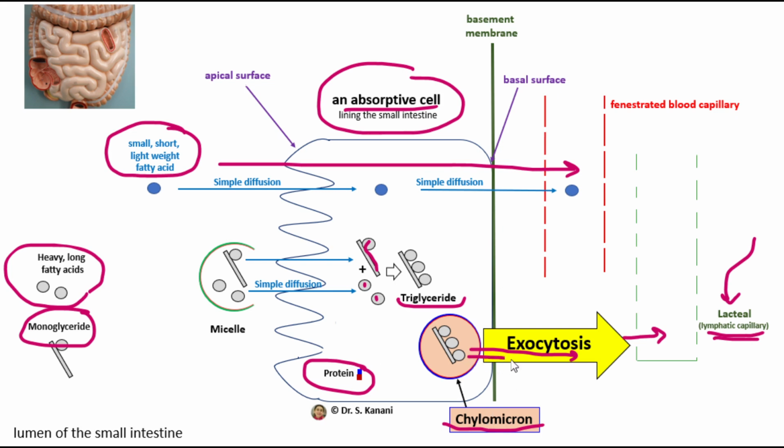And then through an active process, exocytosis, chylomicron has to go inside lymph, and then lymph is drained into blood. So the steps required to absorb these large lipid molecules are more numerous and more complex than absorbing short, lightweight fatty acid molecules.